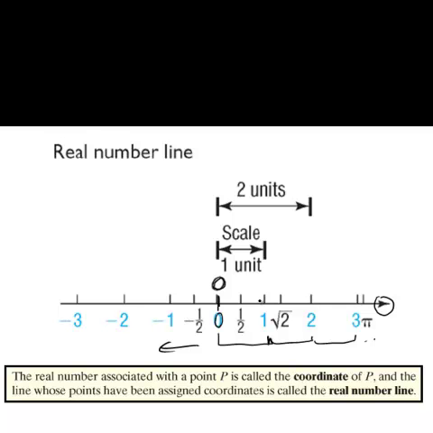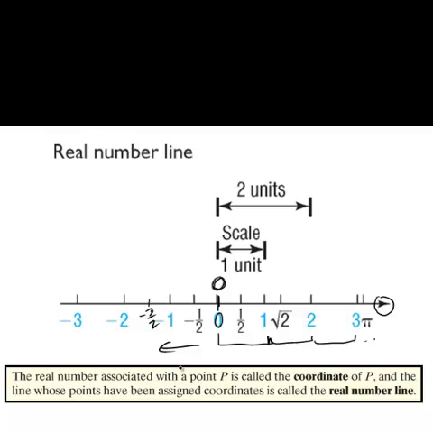Or -3/2 would be half the distance between -1 and -2. You can also locate any irrational number. For example, square root of 2 is right here, because we know square root of 2 is about 1.4. And so square root of 2 would be about 4/10 of the way between 1 and 2.